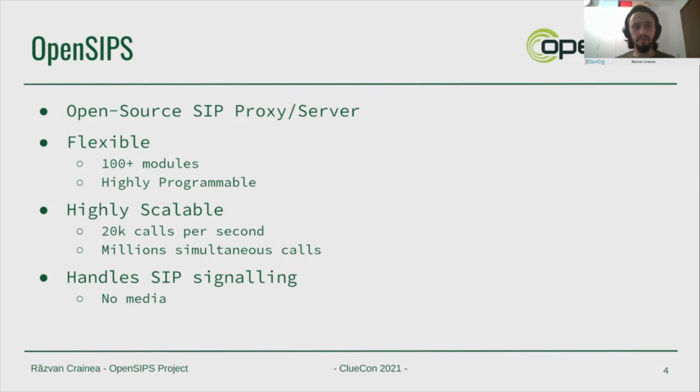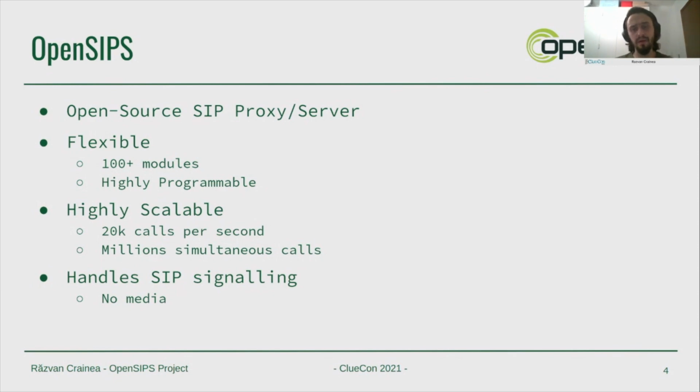It's highly scalable. We ran some tests a few years ago on some community hardware, and we could do like 20,000 calls per second and have millions of simultaneous calls. We can have millions of simultaneous calls mainly because we are only handling SIP signaling.